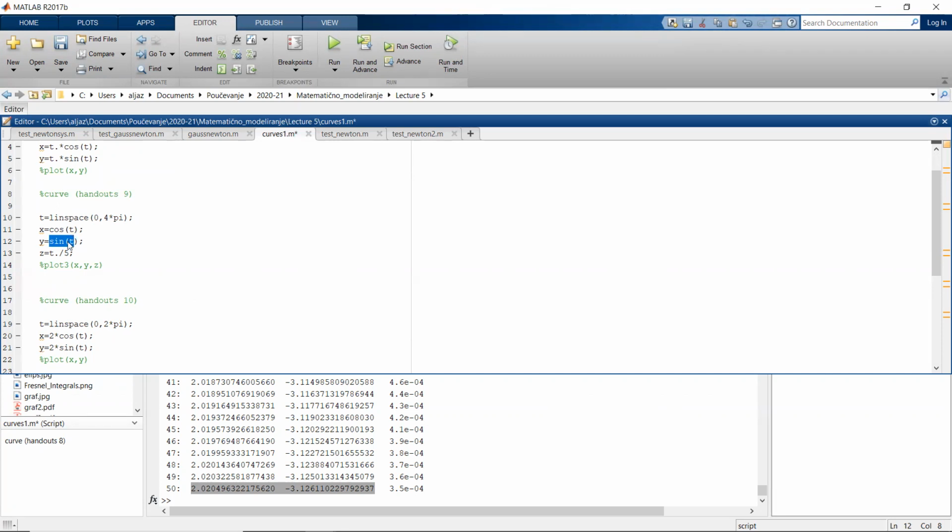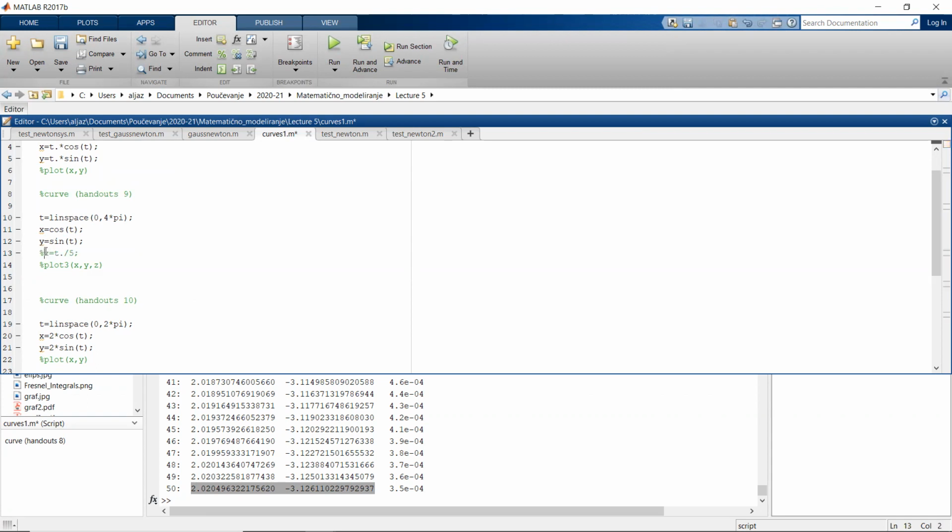Then you remember probably from analysis that cosine squared plus sine squared is equal to 1, which means that for every t, x, y lie on the unit circle. And so as t runs over our interval, the point xy runs over the circle.